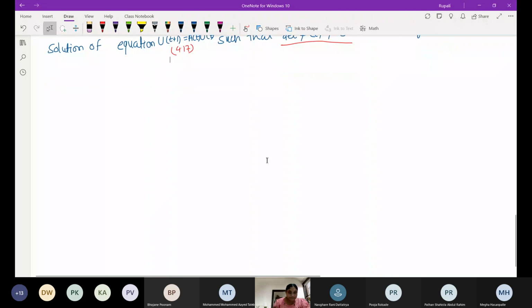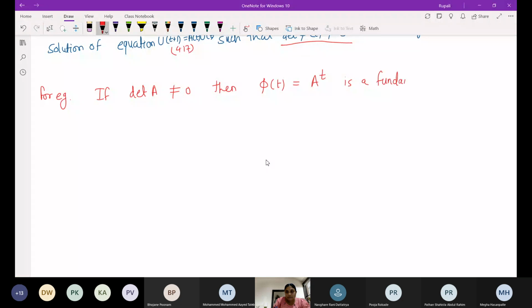For example, if the determinant of A is non-zero, then phi t is equal to A raised to t is a fundamental matrix for the linear system with constant coefficients.